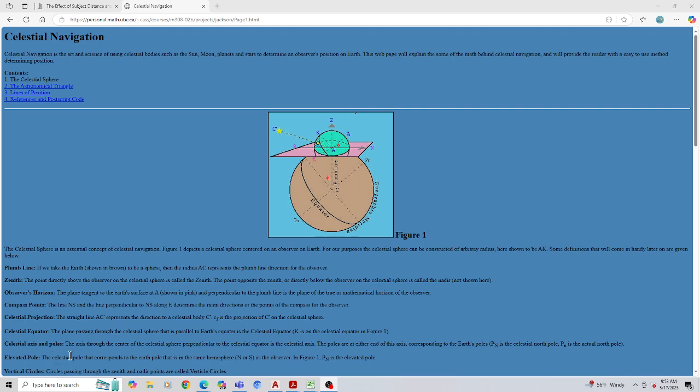Let's jump ahead to that. We have the observer's horizon, the plane shown in pink here, the plane that is tangent to the Earth's surface, tangent to the sphere, or it is the plane itself.